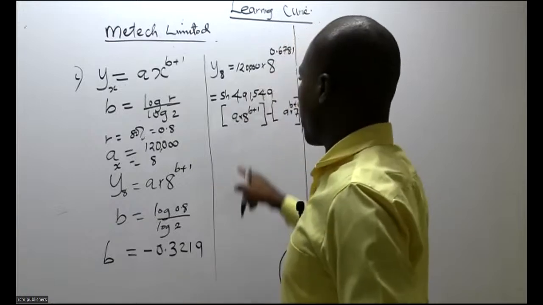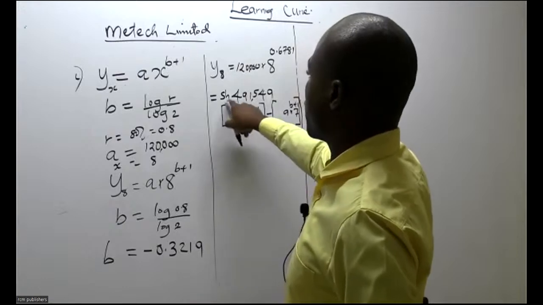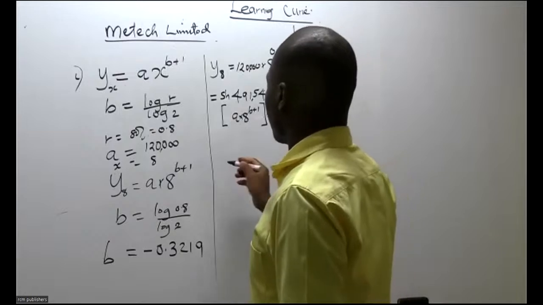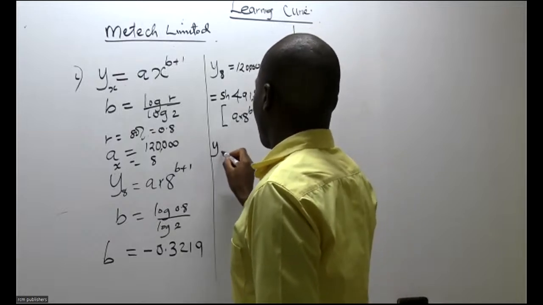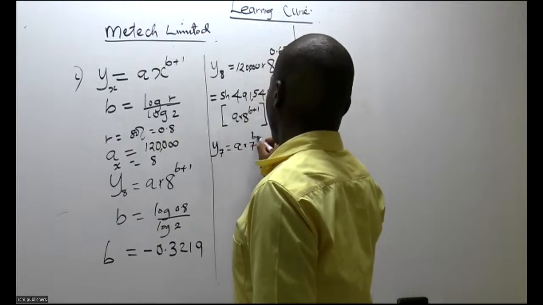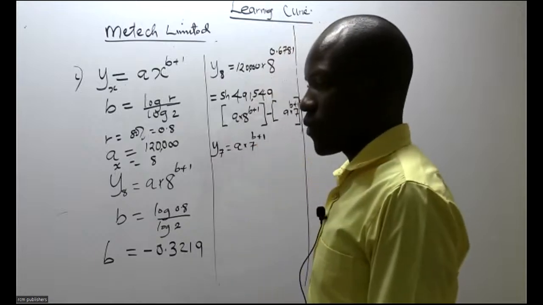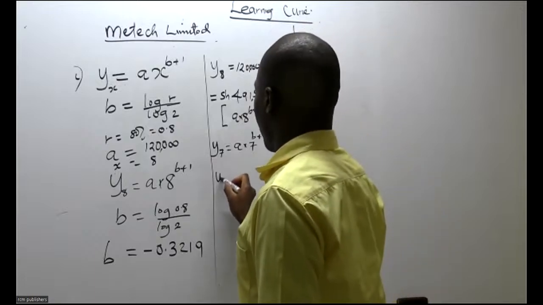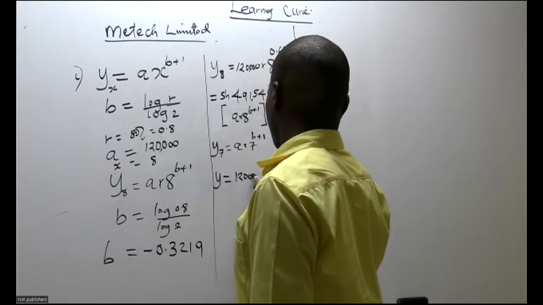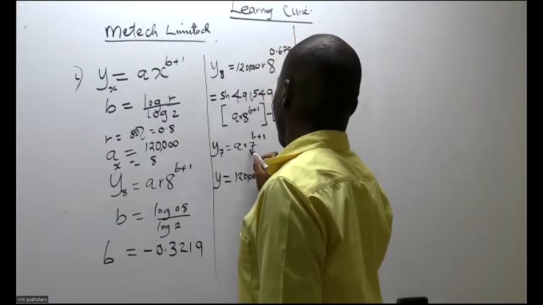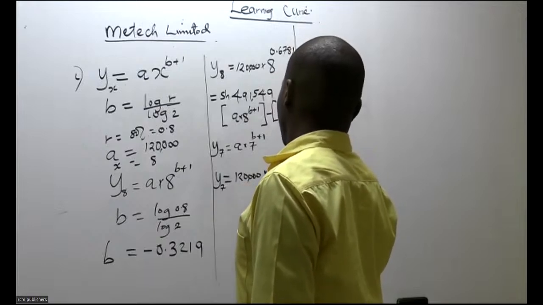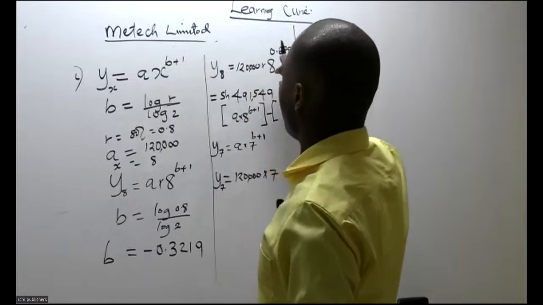Because we already have the cost of producing the first 8 batches, which we've calculated here, what we need to look for is basically y of 7, equal to a times 7 raised to power b plus 1. Your a does not change, times x, which is now 7 raised to power b plus 1.